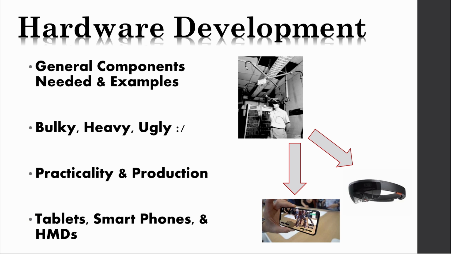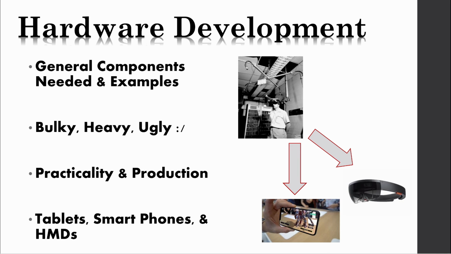I'm going to cover some generally required hardware components that augmented reality needs. These are a display unit, a processor unit, a general input device or devices such as sensors, cameras, and microphones.